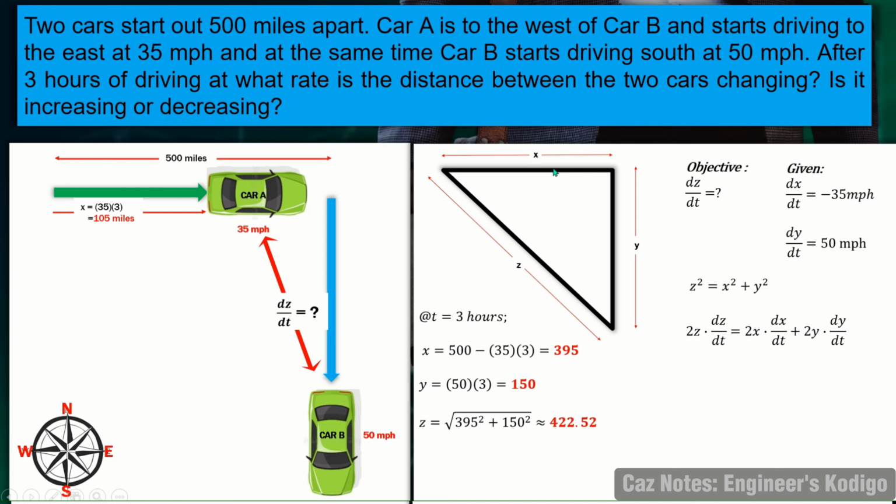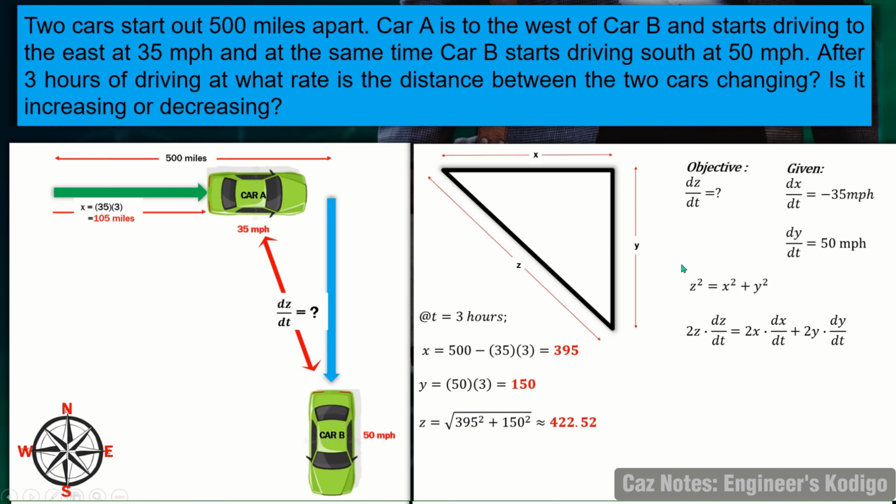That means after 3 hours, the remaining distance from this point until this point is 395 miles. Next is the distance traveled by car B. That's simply 5 miles per hour times 3 hours, which is 150 miles.